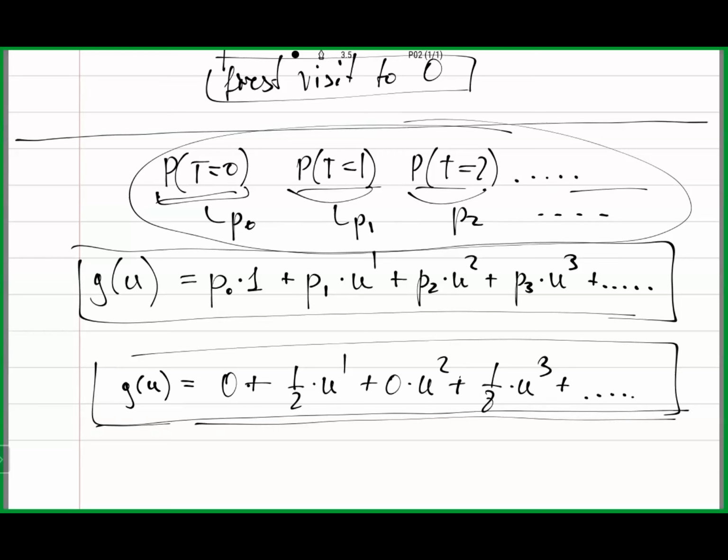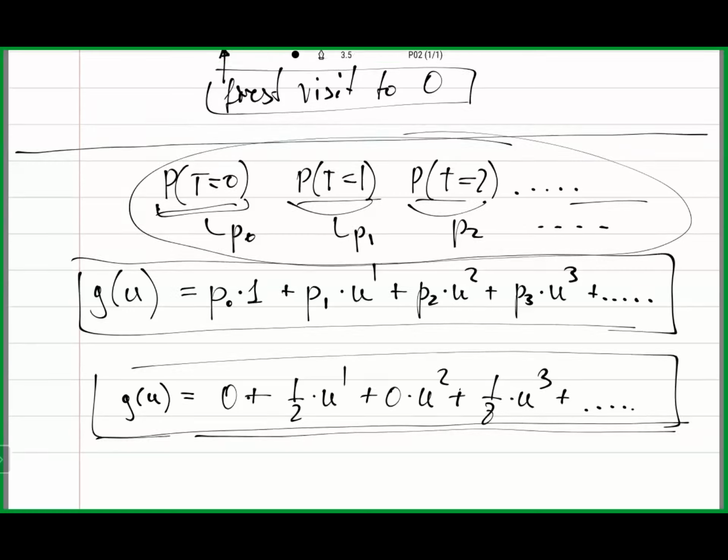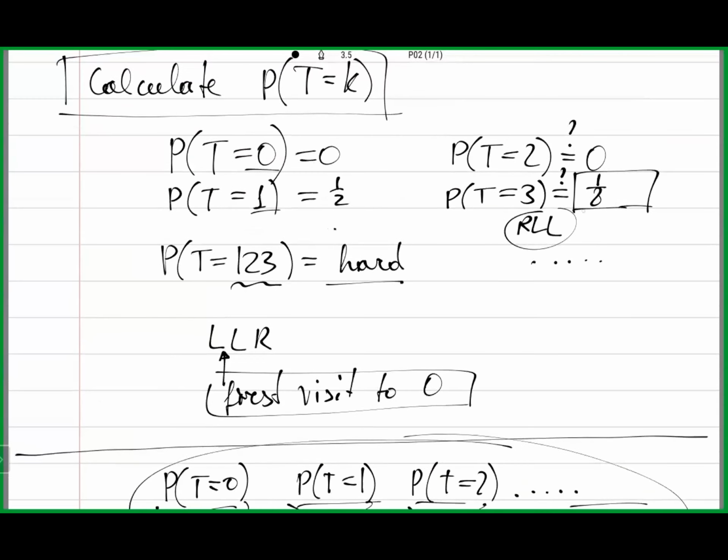Yeah, the trick is clear. I have a question. What is the coefficient of u cubed? I think 1 over 8, because we have discovered it by considering all the possibilities.